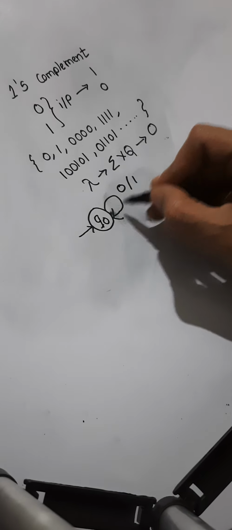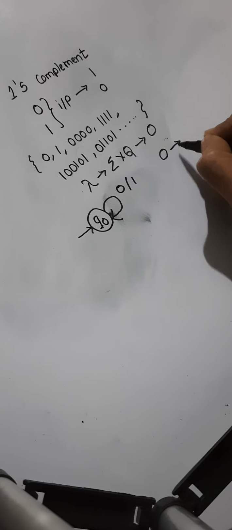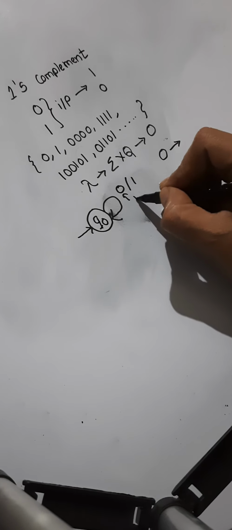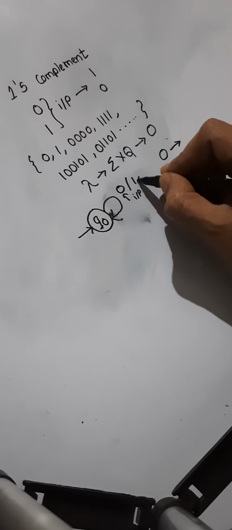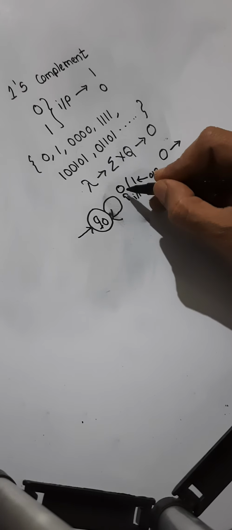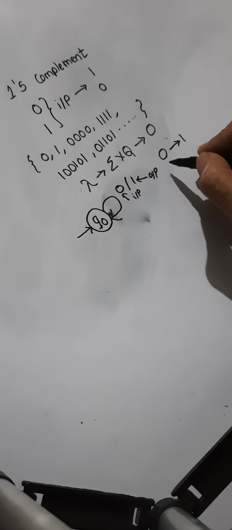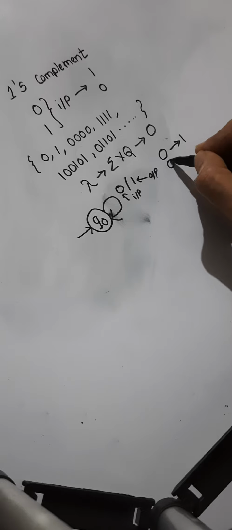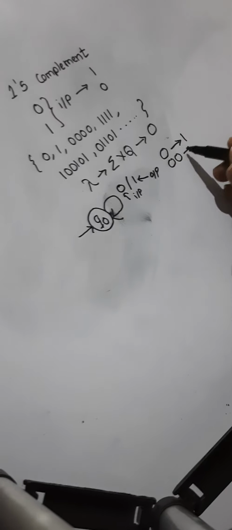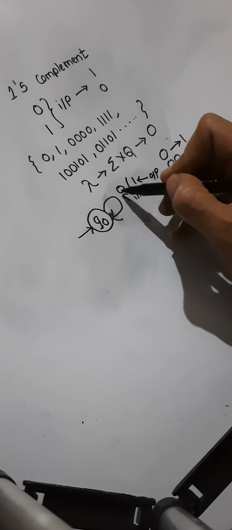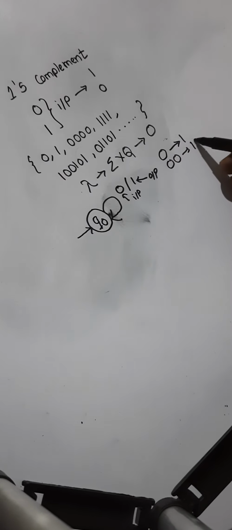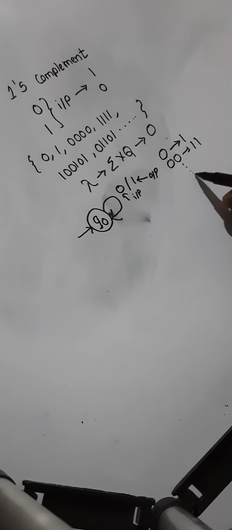So see here, single 0, this is nothing but input and this is an output. So if I am giving 0, I will get 1 as an output. If I am giving double 0, you can see a single 0 with output 1, again a second 0 with an output 1, and so on.